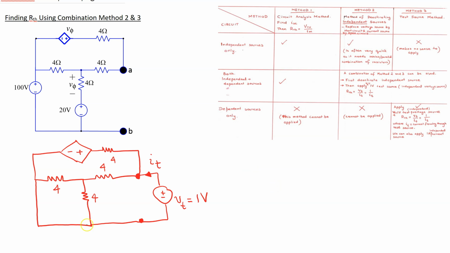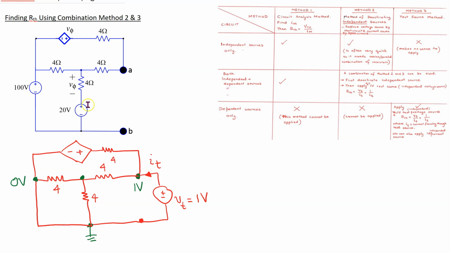So we can ground this node, and that means the voltage here is 0 volts, and the voltage at this node is 1 volt because the test source is directly connected between ground and this node. So this leaves only this as the remaining essential node.